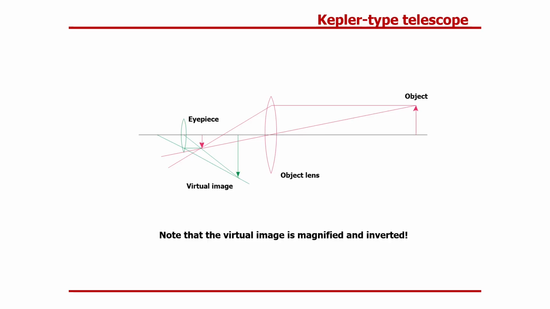So we have different telescope tubes. Sometimes the telescope tube shows us the magnified and inverted image of the object.